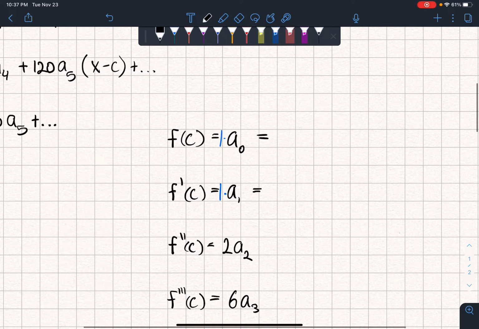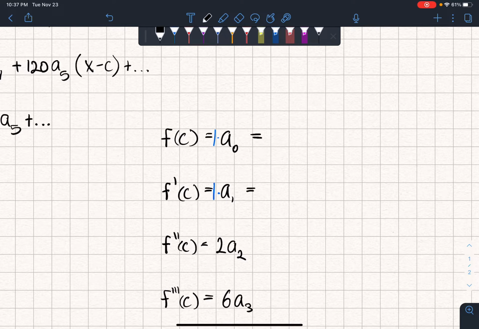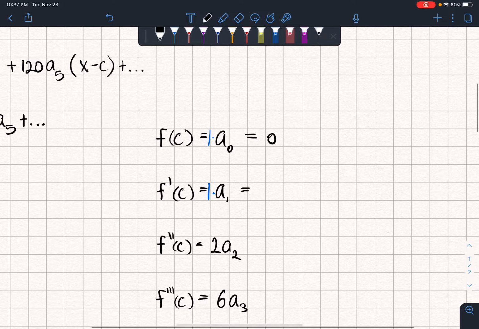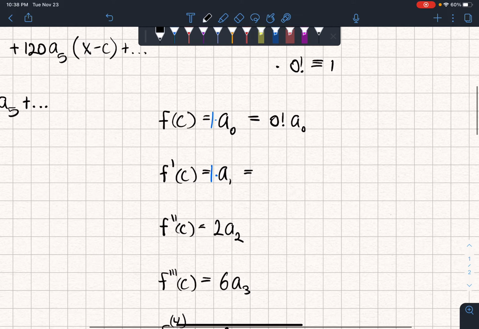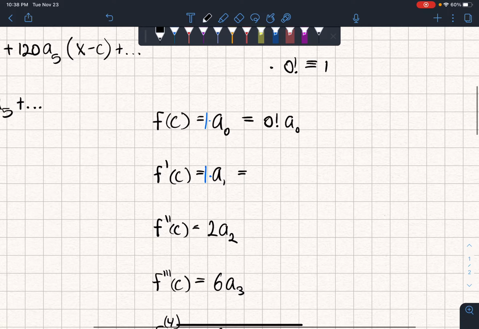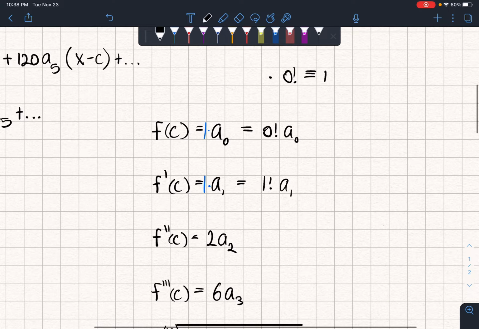So we could say that f of c also equals 0 factorial times a sub 0, because 0 factorial is defined to be just 1. Then f prime of c equals 1 times a sub 1. That can be written as 1 factorial times a sub 1. Obviously, 1 factorial is just 1.